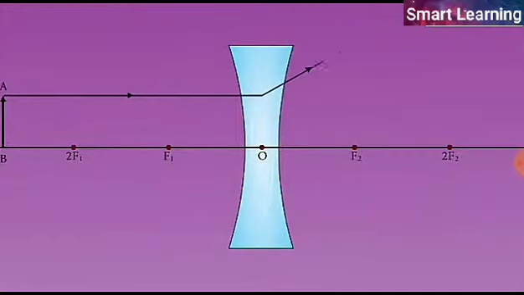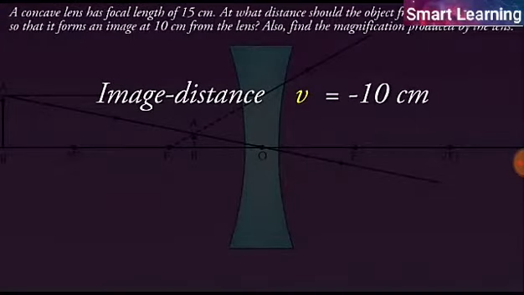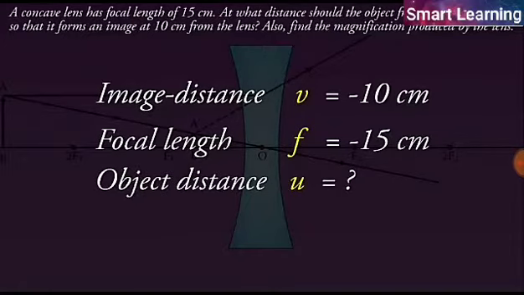We know that a concave lens always forms a virtual, erect image on the same side of the object. From the question it is given, image distance v is equal to minus 10 centimeters, focal length f is equal to minus 15 centimeters, object distance u is equal to unknown.